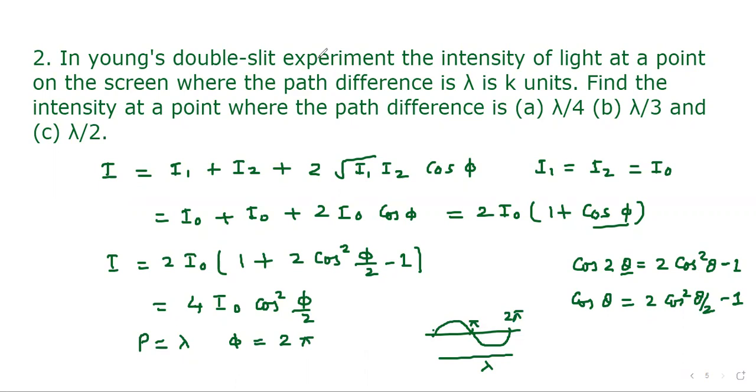So phi corresponds to 2 pi. So if we put this value here, in place of I, it is given as k.